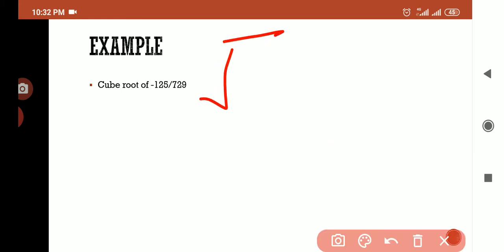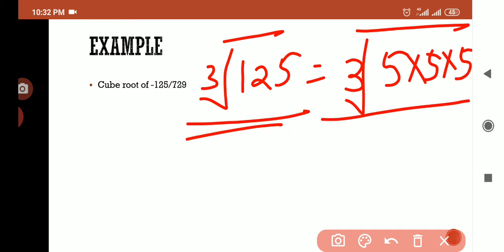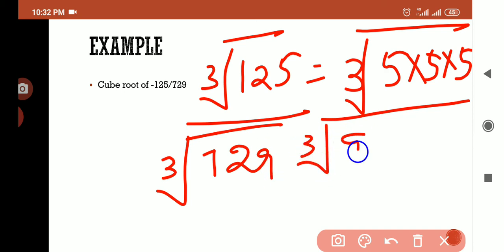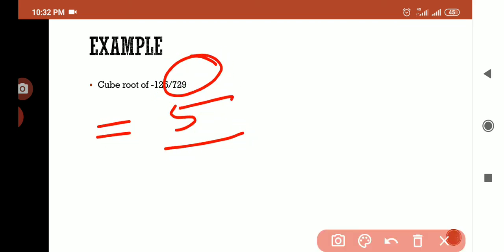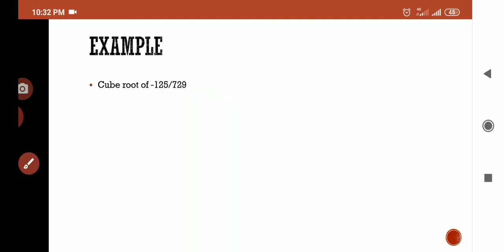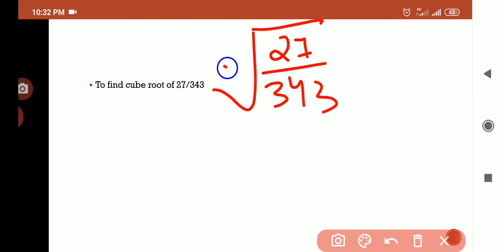The cube root of 125 is the cube root of 5 into 5 into 5, and the cube root of 729 is the cube root of 9 into 9 into 9. Now the cube root of 125 is 5 and the cube root of 729 is 9, and the negative sign stays here. Is that clear?